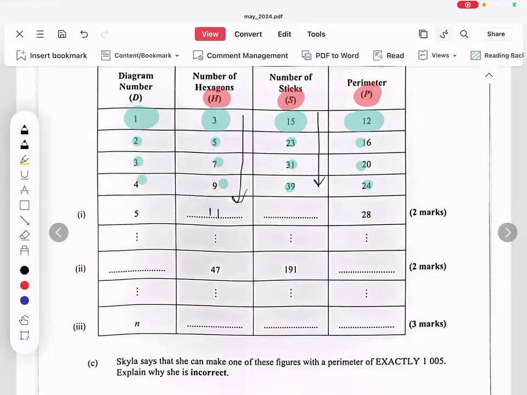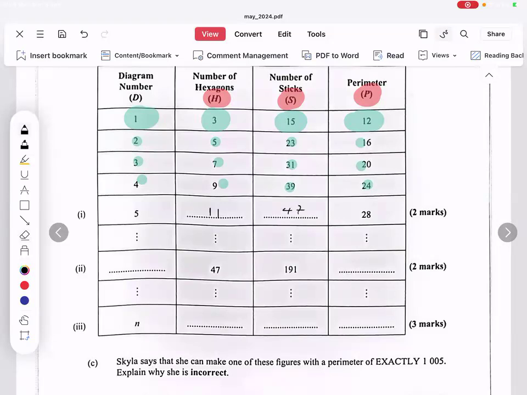Add 8 to it. But it has to work for everything. So if you add 8 to 23, you get 31. And 31 plus 8 is 39. So add 8 to 39. What do you get? That looks like 47.